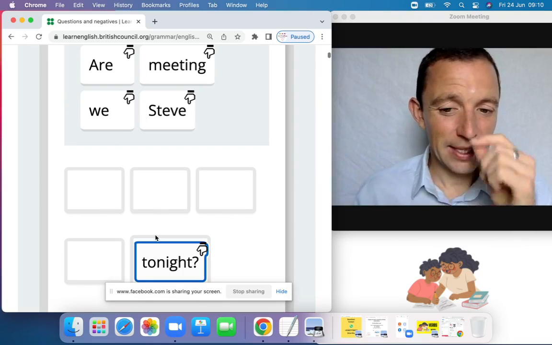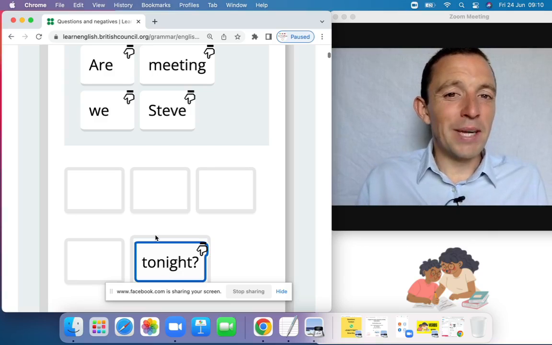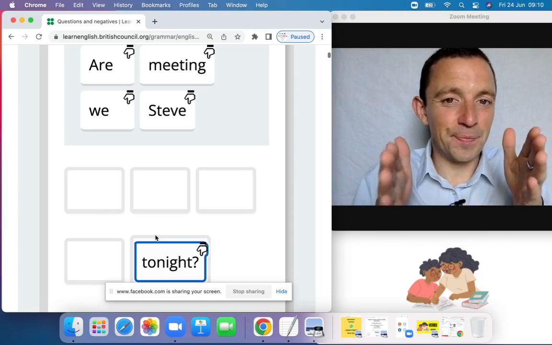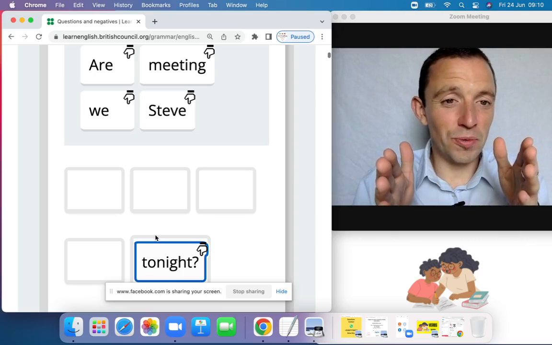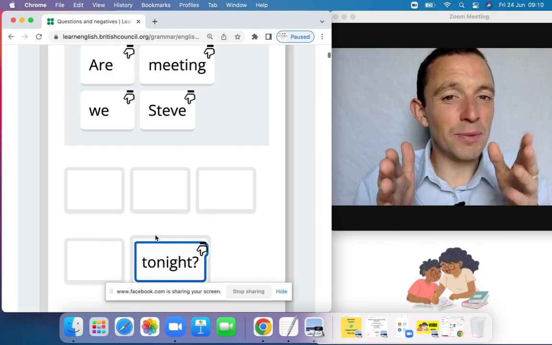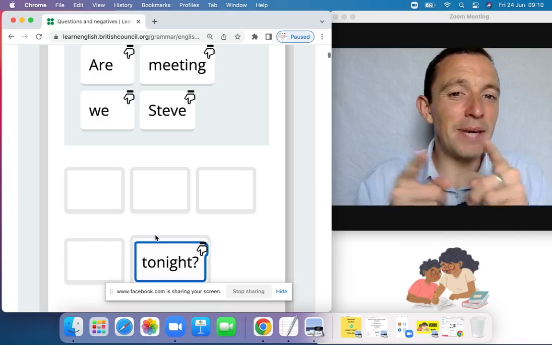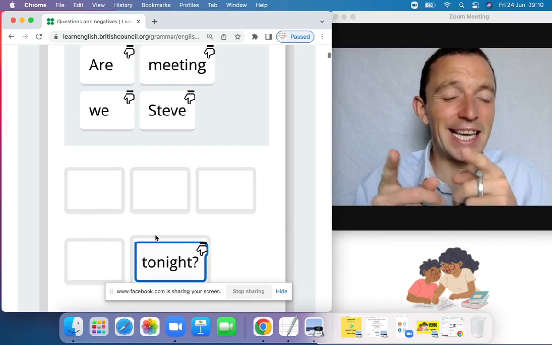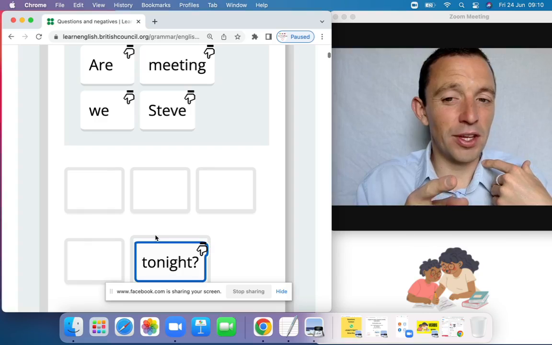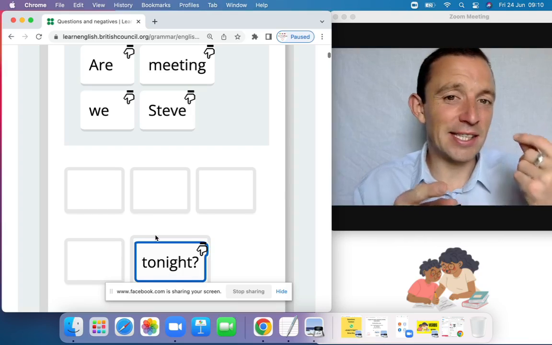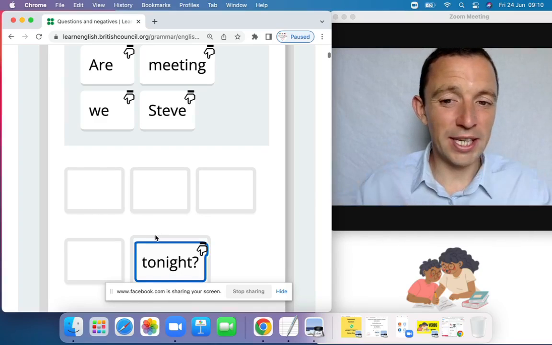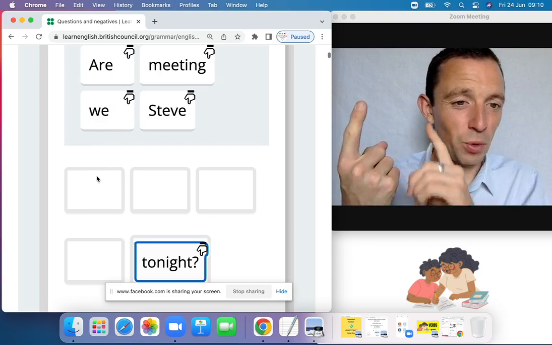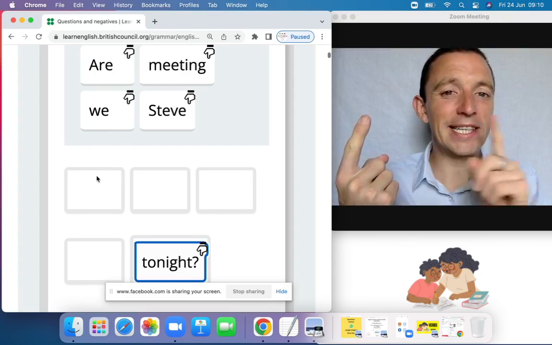Okay, so the verb is to meet, and to meet in the present continuous are meeting. Okay, so it's possible two options. Steve are meeting we tonight, and that's incorrect because Steve is meeting us. So therefore, Steve is the object and the subject is we because it's plural. The affirmative, we are meeting Steve tonight.